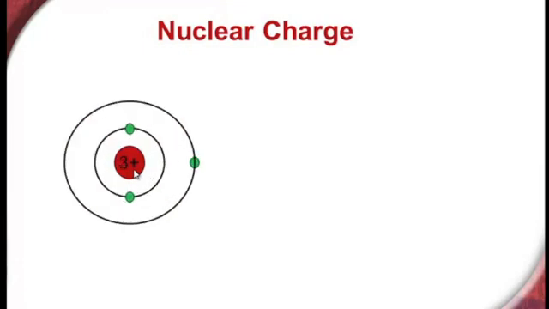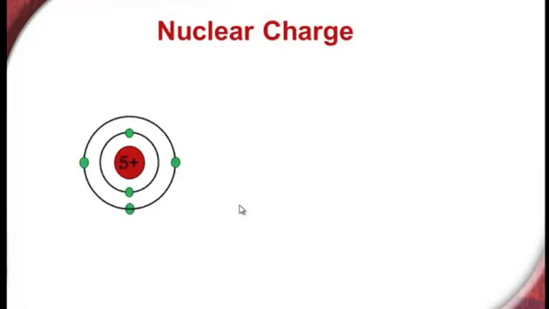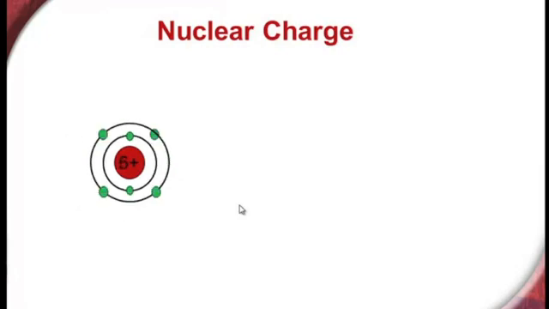So let me back up here. Back to lithium. Now I want you to pay particular attention to what's happening to the outer electrons as we add more protons in the nucleus. So here's lithium, there's beryllium, boron, carbon.